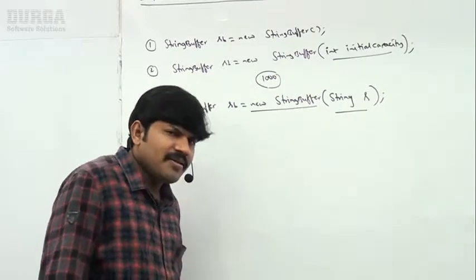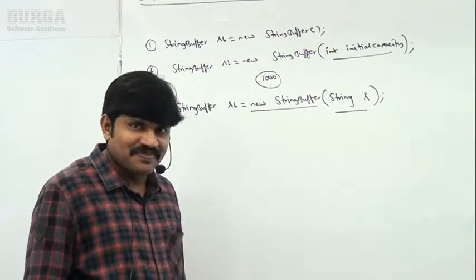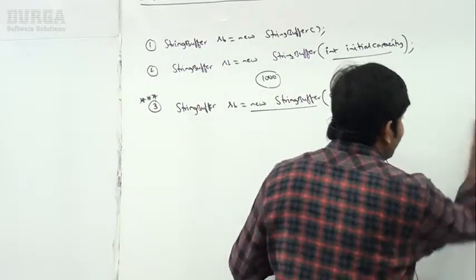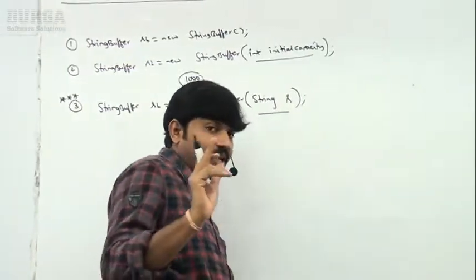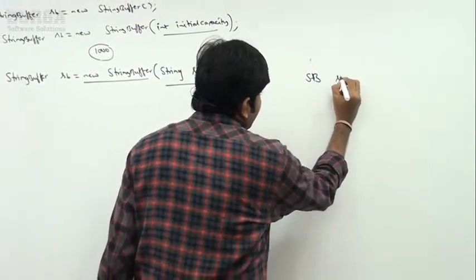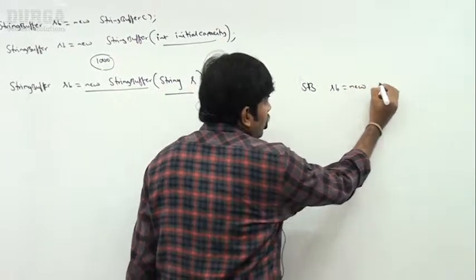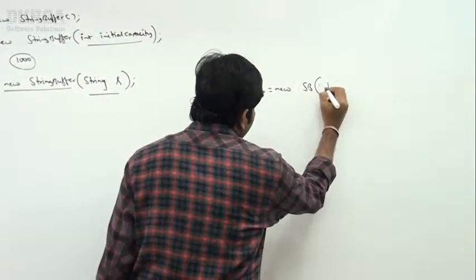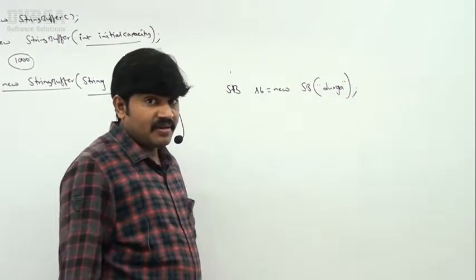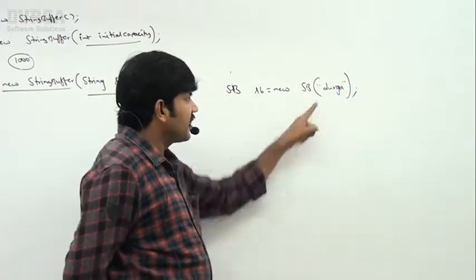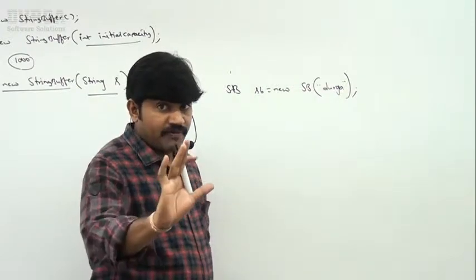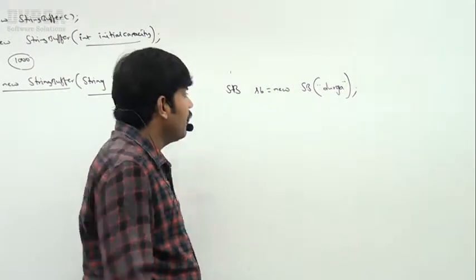But here, one small twist is there. What is that twist? You have to identify. Observe very carefully, sir. StringBuffer sb = new StringBuffer("Durga"). Valid or not? Valid. For the given String, I am creating an equivalent StringBuffer object.